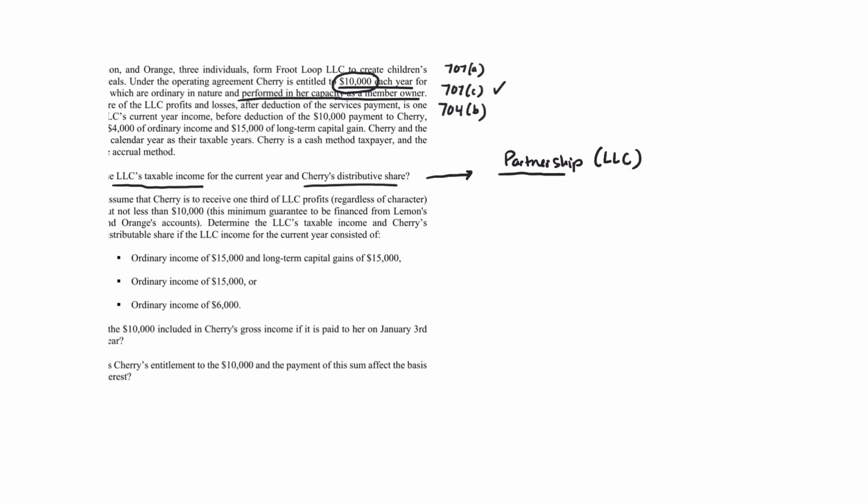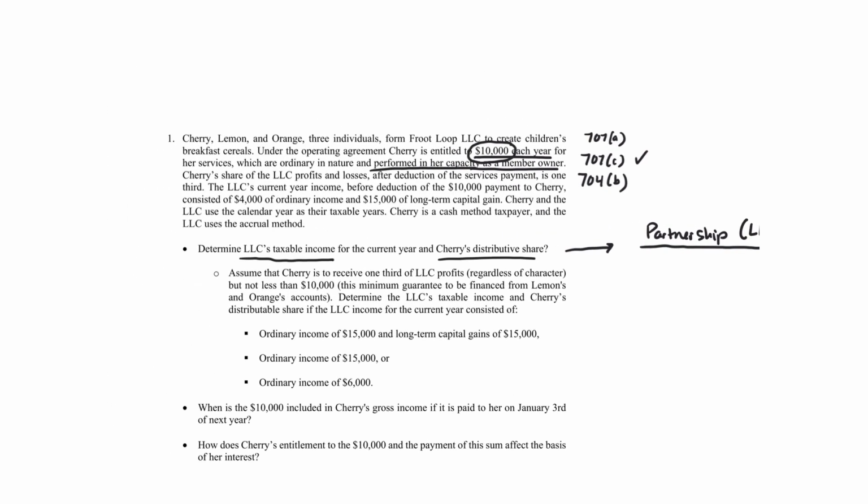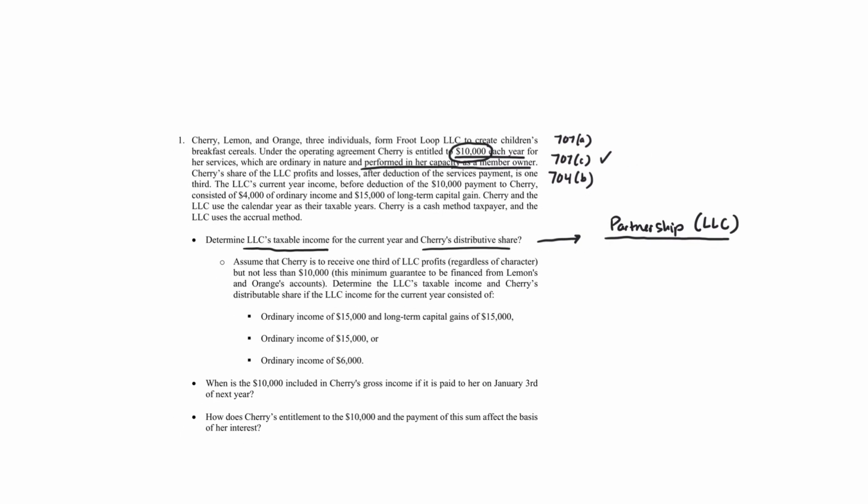So it's really the LLC, but if I say partnership in this problem, I mean the LLC. We're told that the partnership has a $10,000 payment to Cherry, and the LLC's current year income consisted of $4,000 of ordinary income and $15,000 of long-term capital gain.